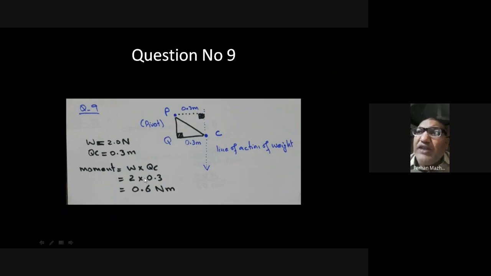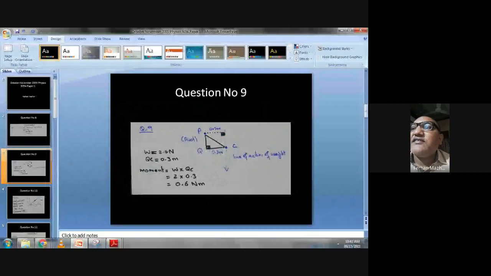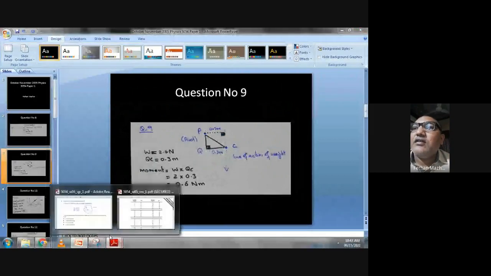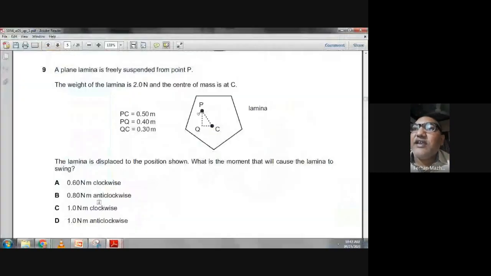So the moment will be the weight multiplied by the perpendicular distance between the pivot and the line of action of the weight, that will be 2 multiplied by 0.3. So 2 is the weight, and QC is 0.3. So the final answer will be 0.6 Newton meter. So let's see from there. 0.6. So A is the choice.